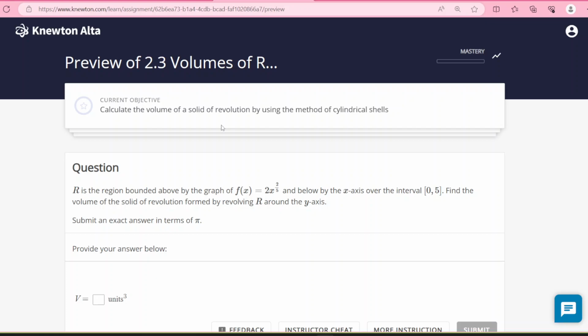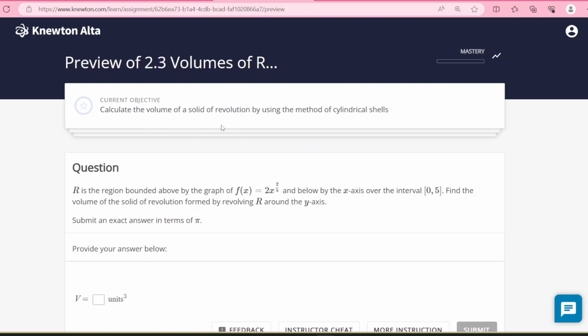In section 2.2, we used the disk and/or washer method, where I would take slices of the region, a tiny thin rectangle that was perpendicular to the line we were rotating across. If you want to create a disk or a washer, you take thin slices perpendicular to the line you're rotating around.